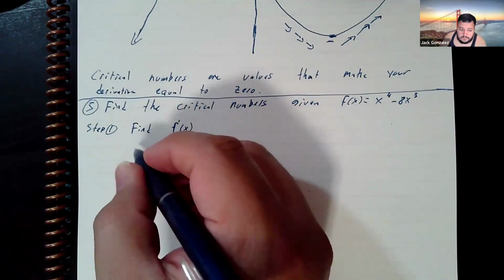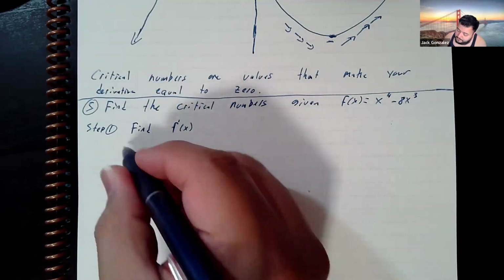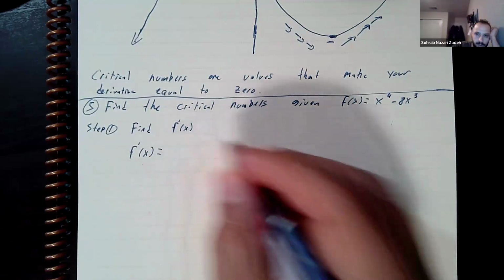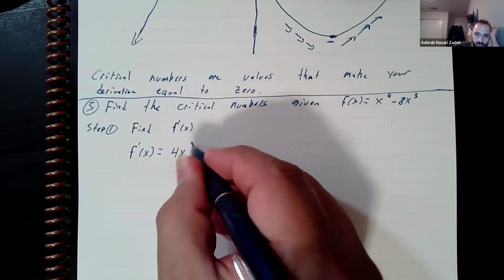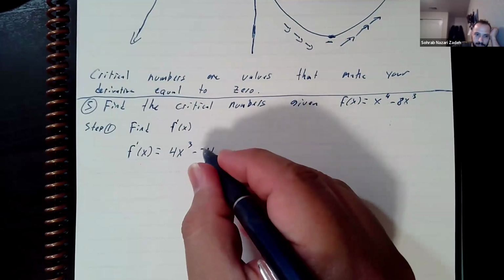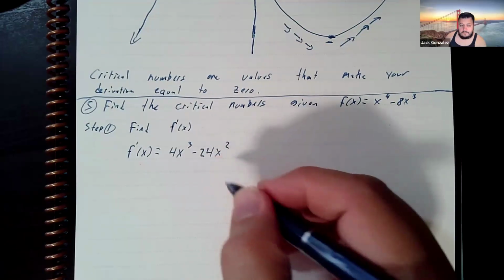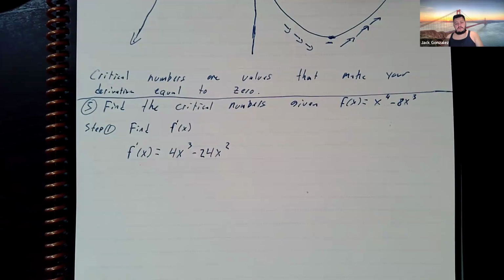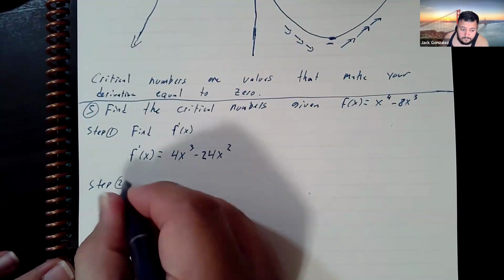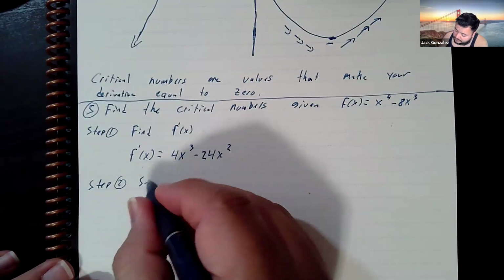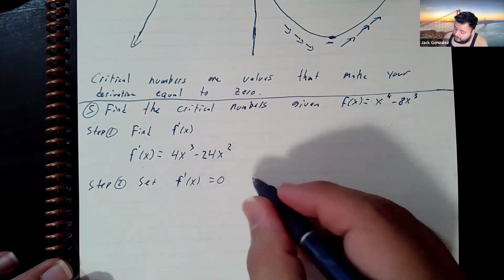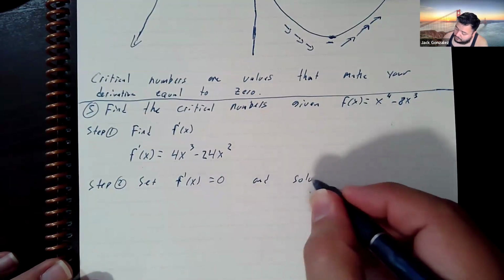So what is the derivative? 4x to the power 3 minus 24x to the power 2. Yeah. So there's the derivative. Step 1 is find it. Step 2, set the derivative that we just found equal to 0 and solve for x.